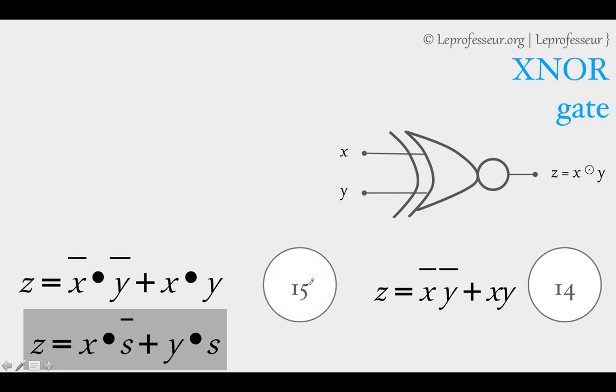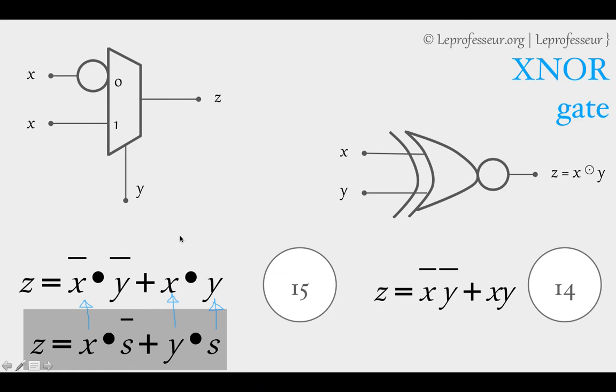Very simple: if we connect our select line with the Y input, and the Y line with the X input, and the X line with inverted X, then we achieve the desired functionality.